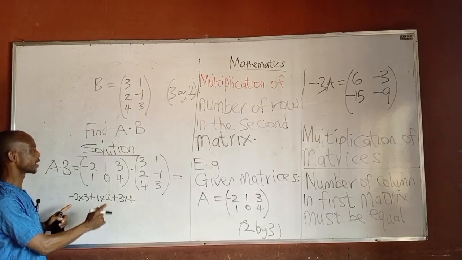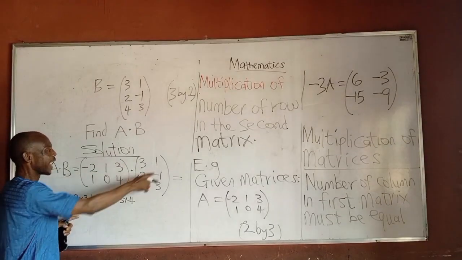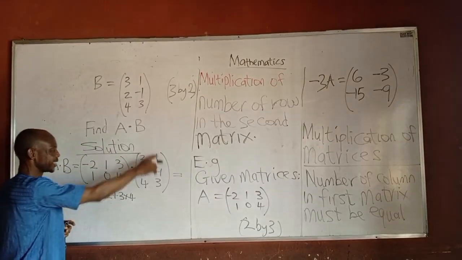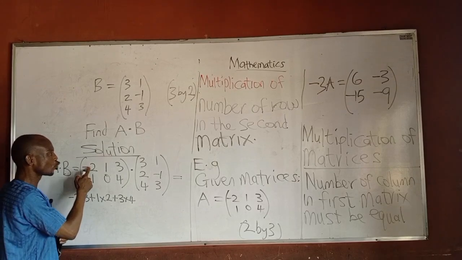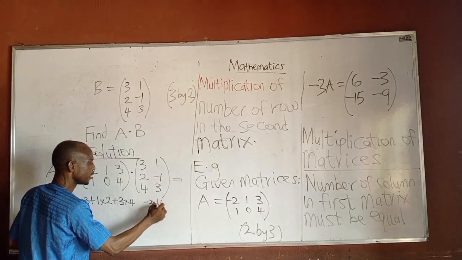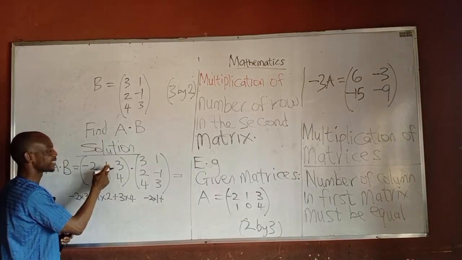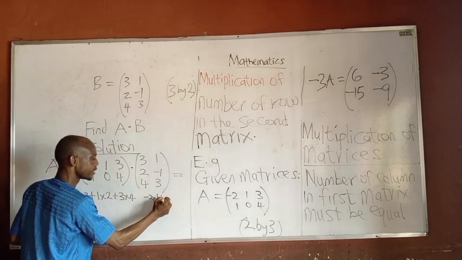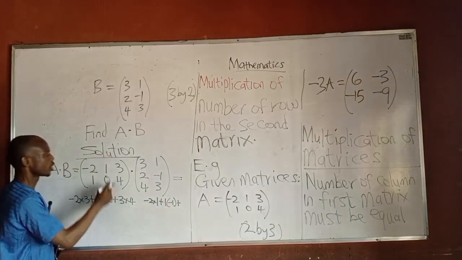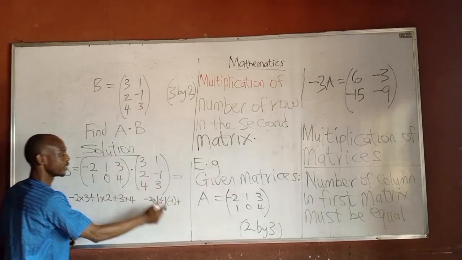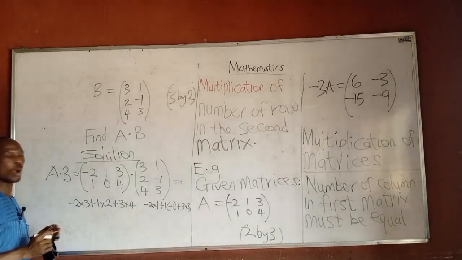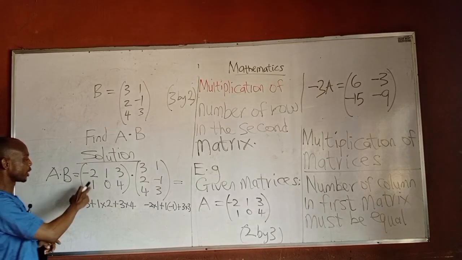We are going to do the same thing with this first row and this second column. Minus 2 times 1, plus 1 times minus 1, plus 3 times 3. When we are through with that, we'll go to the next row.